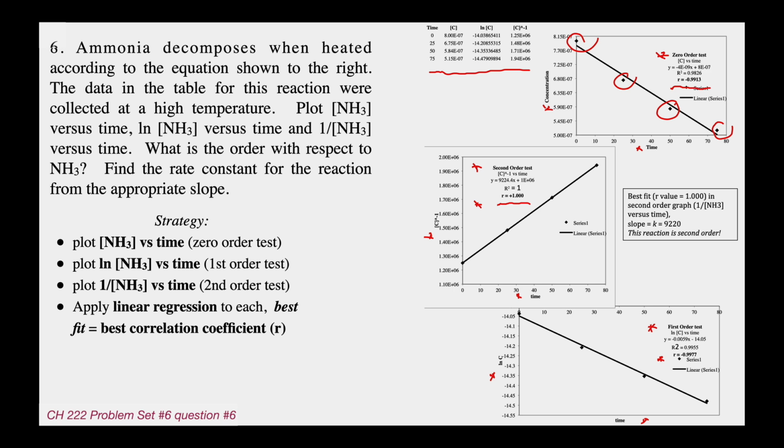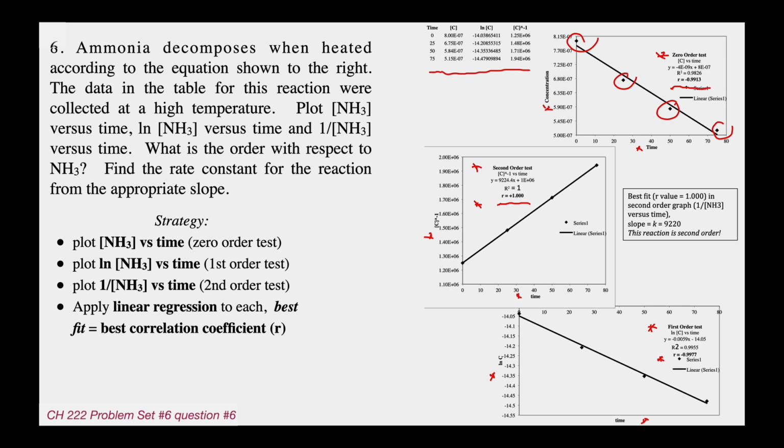The slope is related to the rate constant K. And like we talked about earlier, rate constant K's are always positive. So if your slope is positive, then the slope literally equals K. If the slope is negative, then K equals the negative of the slope, i.e. make the K positive.